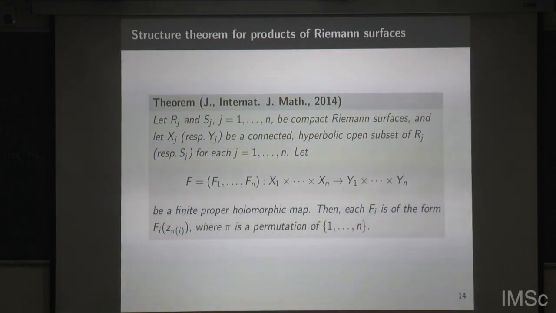So all mappings will become proper. To exclude trivialities, I needed to put the condition of finiteness. So once you put the condition of finiteness, the conclusion is that the mapping will split. Each Fi will be actually a function of only one of the factors and mapping into Yi. Okay, so essentially the mapping splits.